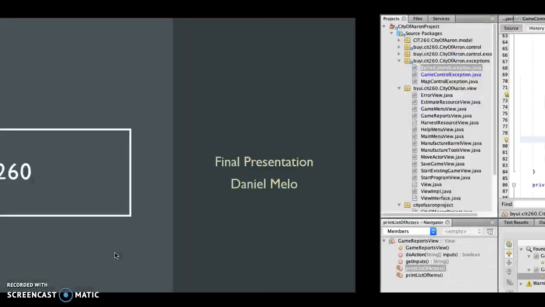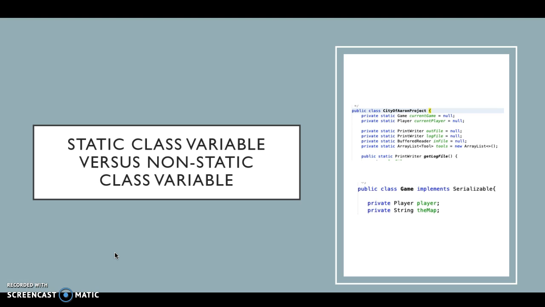First of all, I am going to explain a little bit about static class variable versus a non-static class variable. Right here on the right we have two snippets of code, and in the first snippet we can see that all of these variables were declared as static.